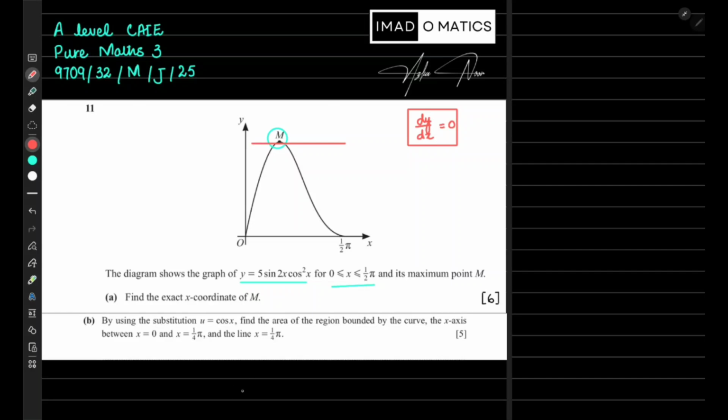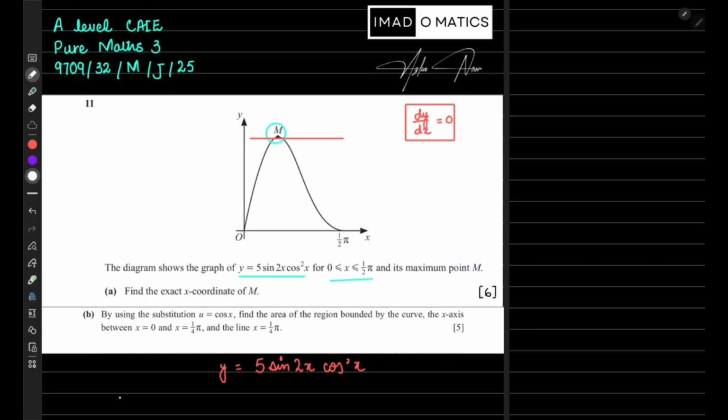So let's begin. We need to differentiate the y equation. y equals 5 sin 2x cos squared x. dy by dx would be: you see you have two functions multiplied together, so to find the derivative of such an expression we use the product rule.